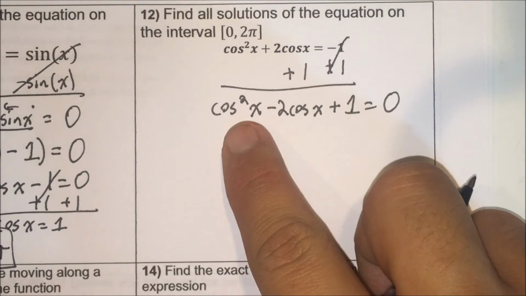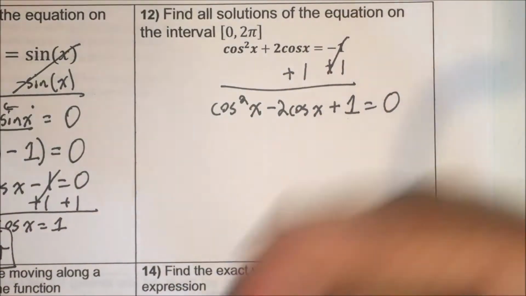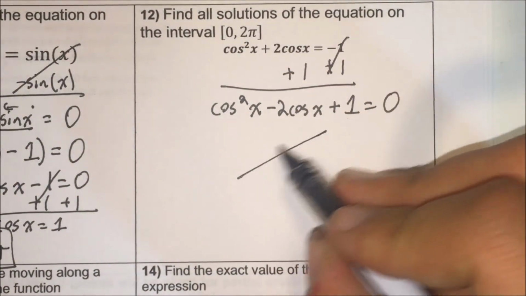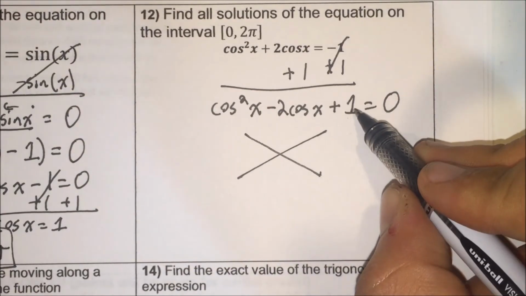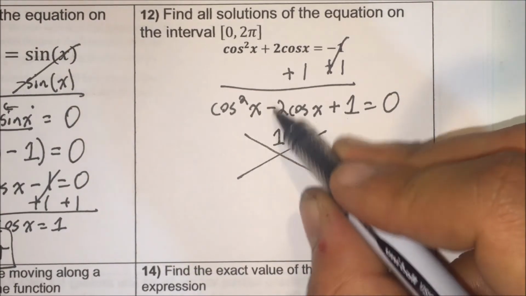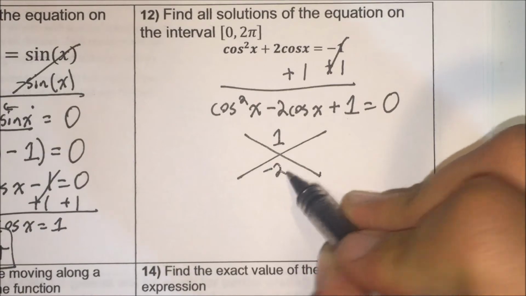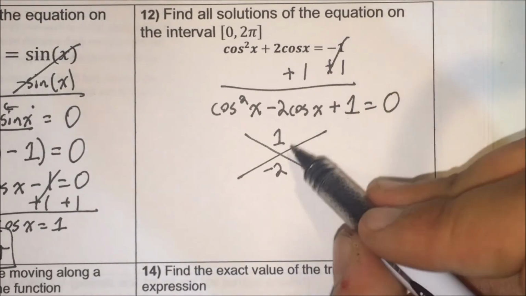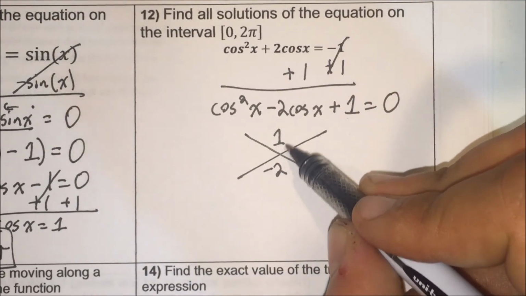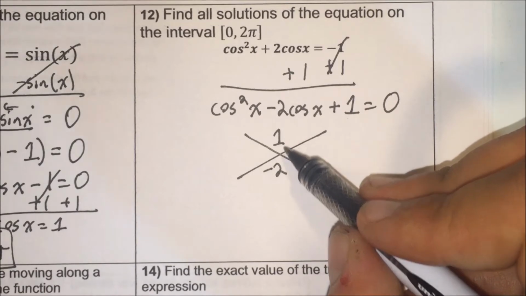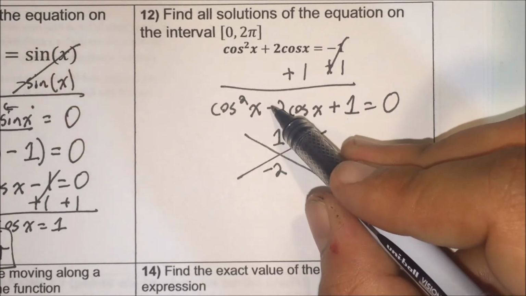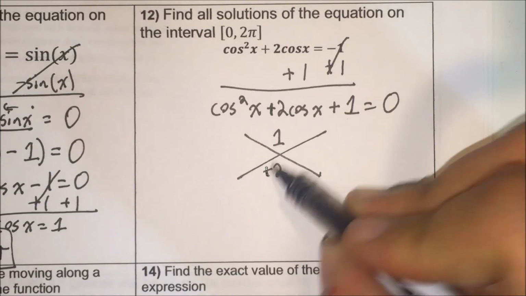Well, here again, I want to treat cosine of x like it's x in some sort of quadratic equations problem. So we put the number 1 up here and the coefficient in front of the cosine, 2. Oh, sorry, why did I put minus? That's plus.